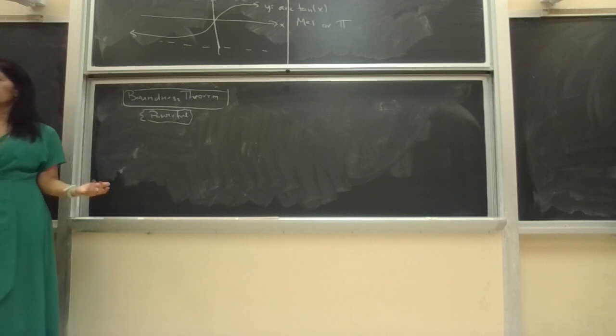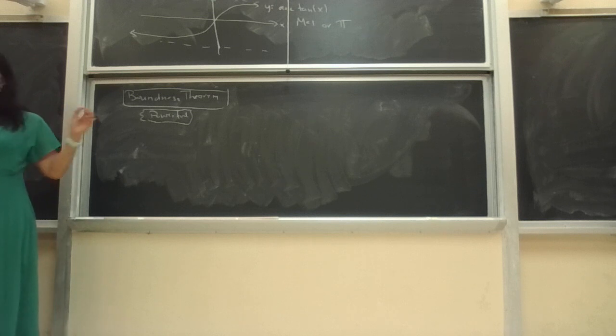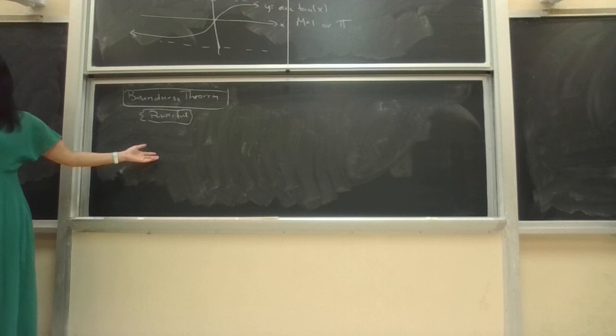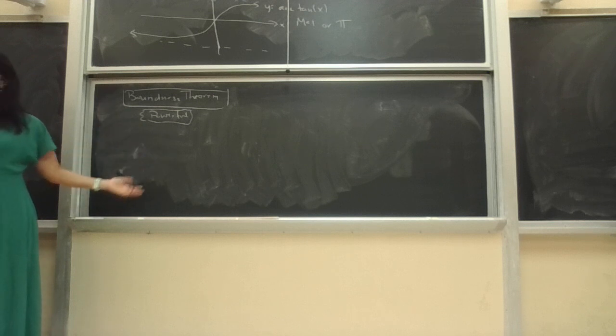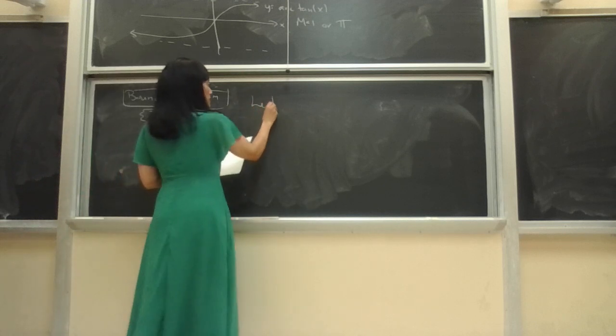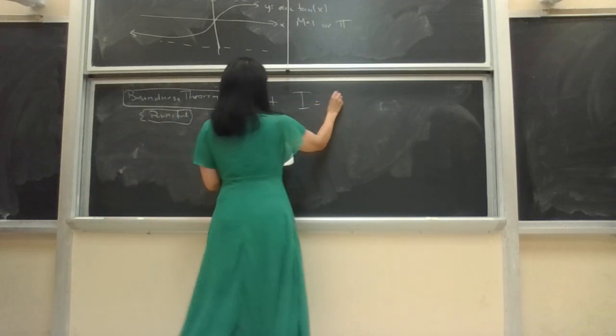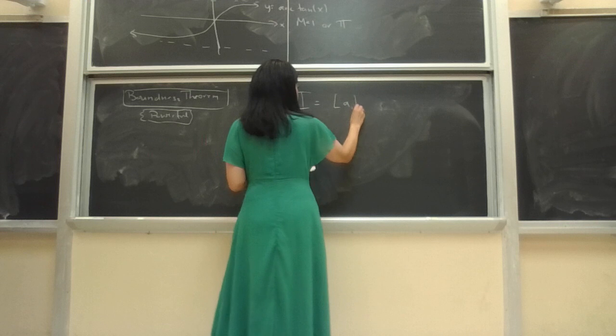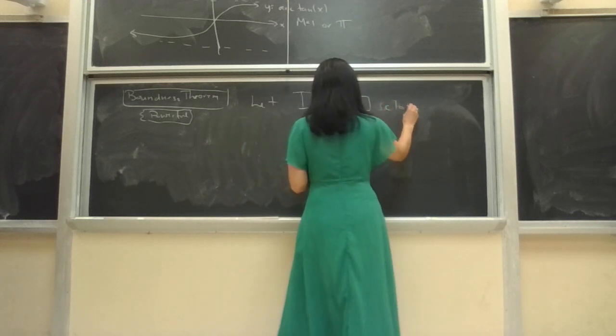So it can happen either on boundary or at a critical point. That is all relying on this theorem. So even though theorems seem like, yeah, whatever, they all seem like that until you see it being used, like, wow, this is really a powerful theorem. So suppose I have a closed and bounded interval.